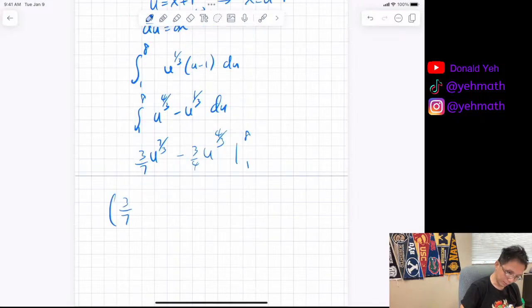3 over 2 to the 7 minus 3 over 2 to the 4. Tell me if I did it wrong. Am I doing okay so far?